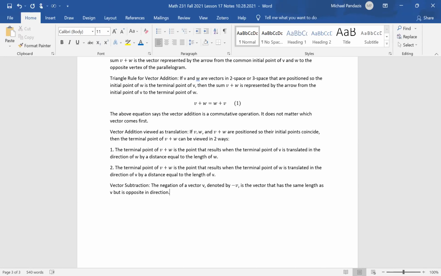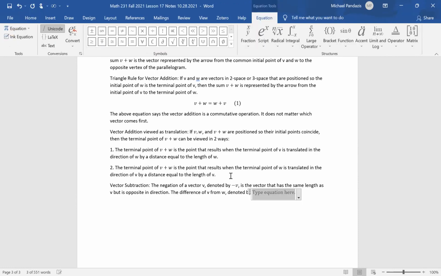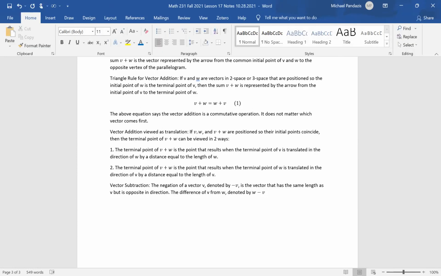The difference of V from W denoted by W minus V is taken to be the sum.